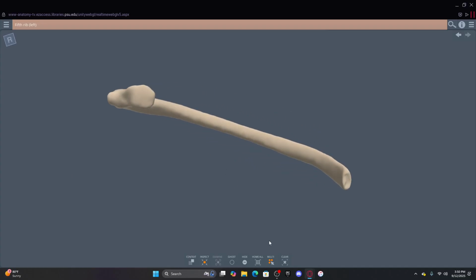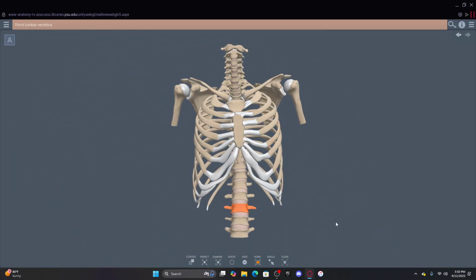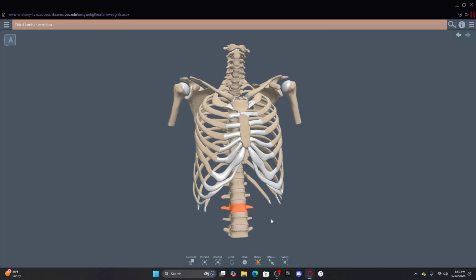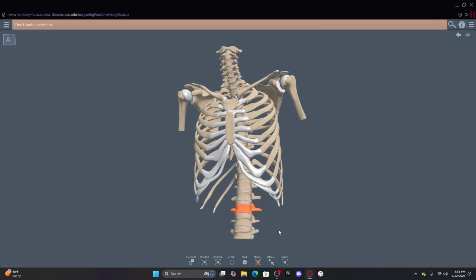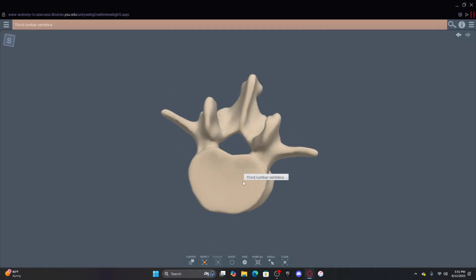All right, now we're going to move on to the vertebra. I'm going to inspect one vertebra. We have the vertebral body.